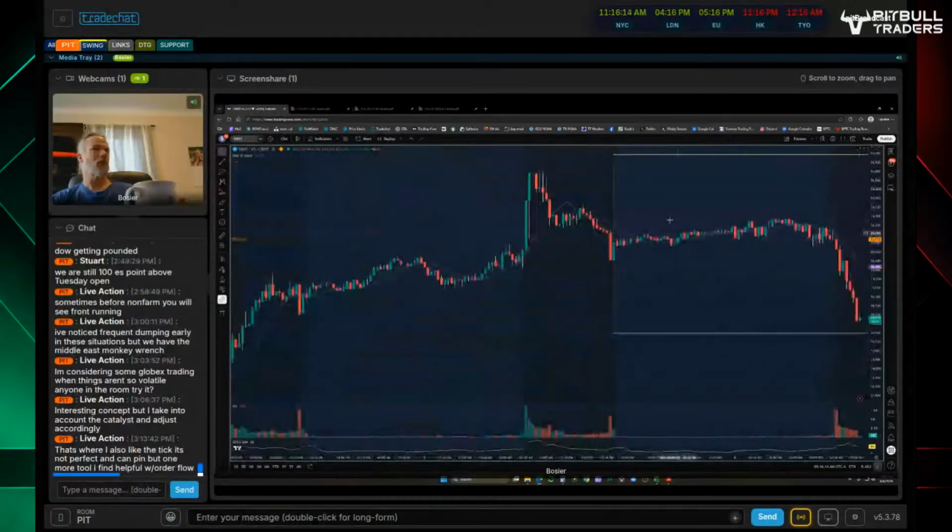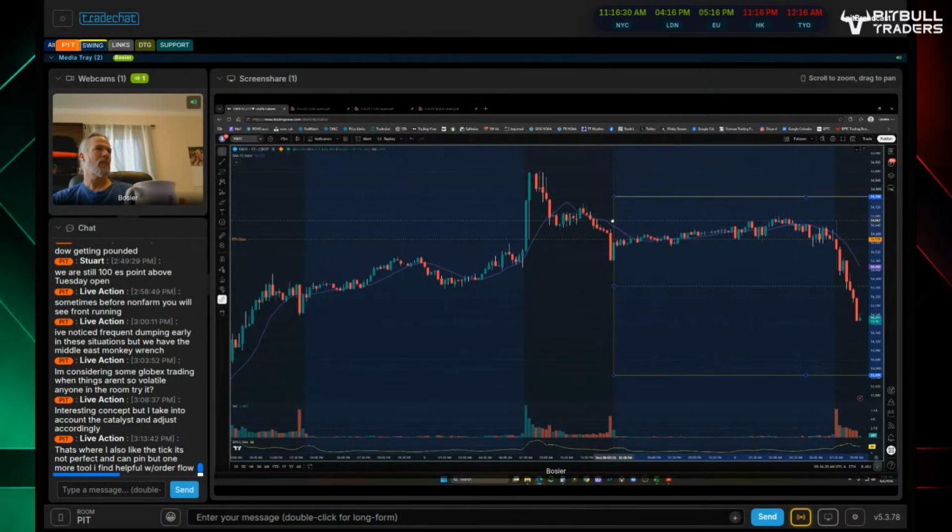So right now, it tried the upside, it failed, couldn't take out the overnight high, and now it's gone straight down. So you can go like this, and use that overnight high as your high point. And if this is not a range bound day, if this ends up being a trending, positioning day ahead of the jobs number, which they can be, right?